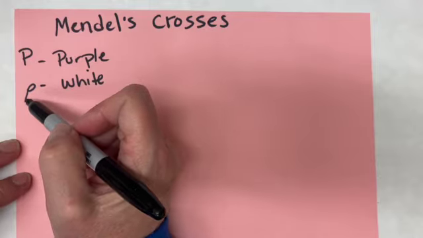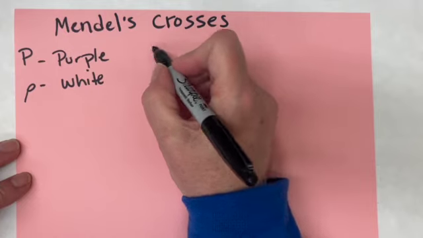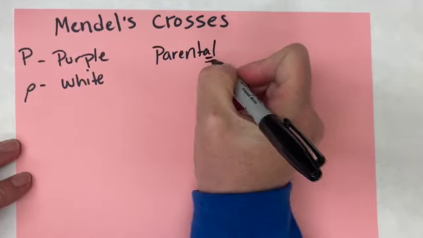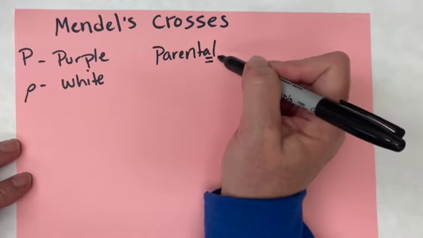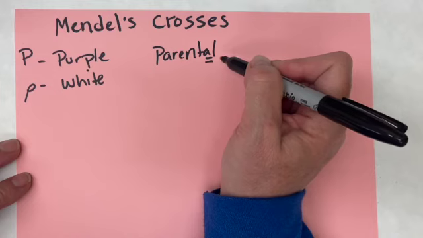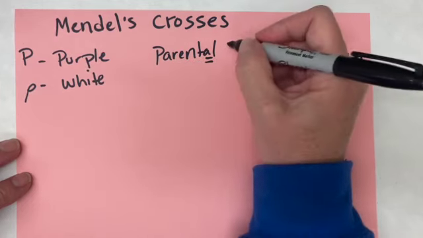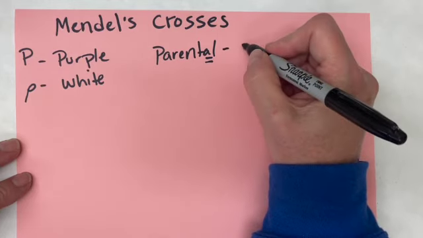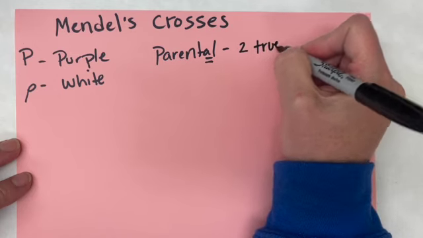So the first series of individuals in a cross he called the parental generation. And this is the parental generation, not the parent generation. You'll find out a little bit more about this as we go on, but basically anything that reproduces can be a parent. But the parental generation has a very specific definition. And that definition is that they're between 2 true breeders.